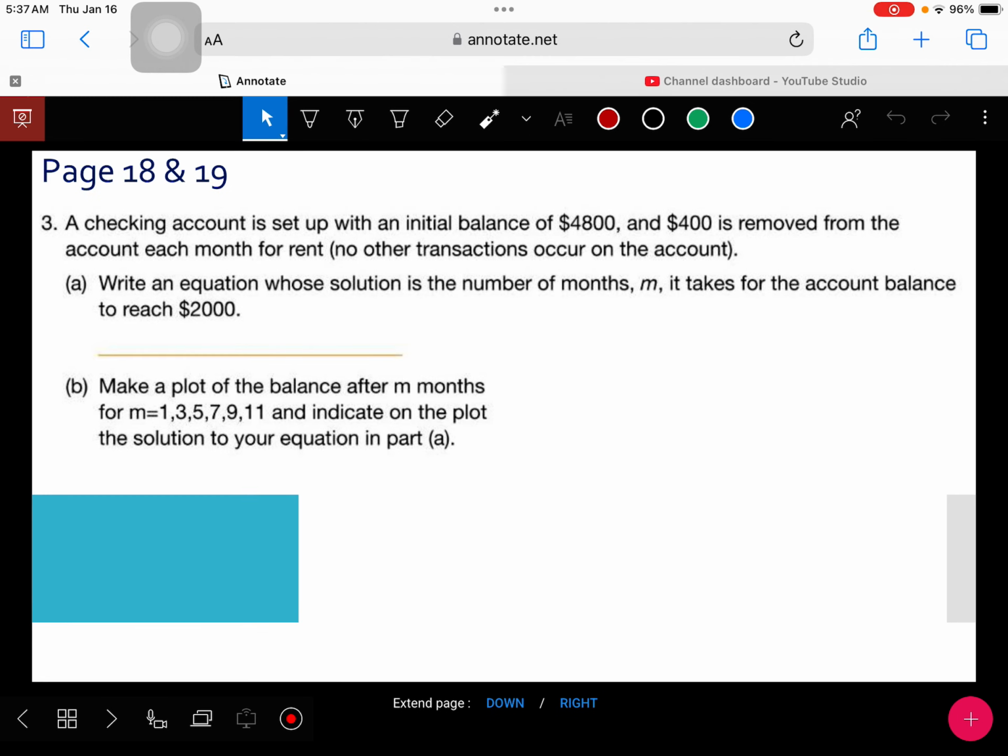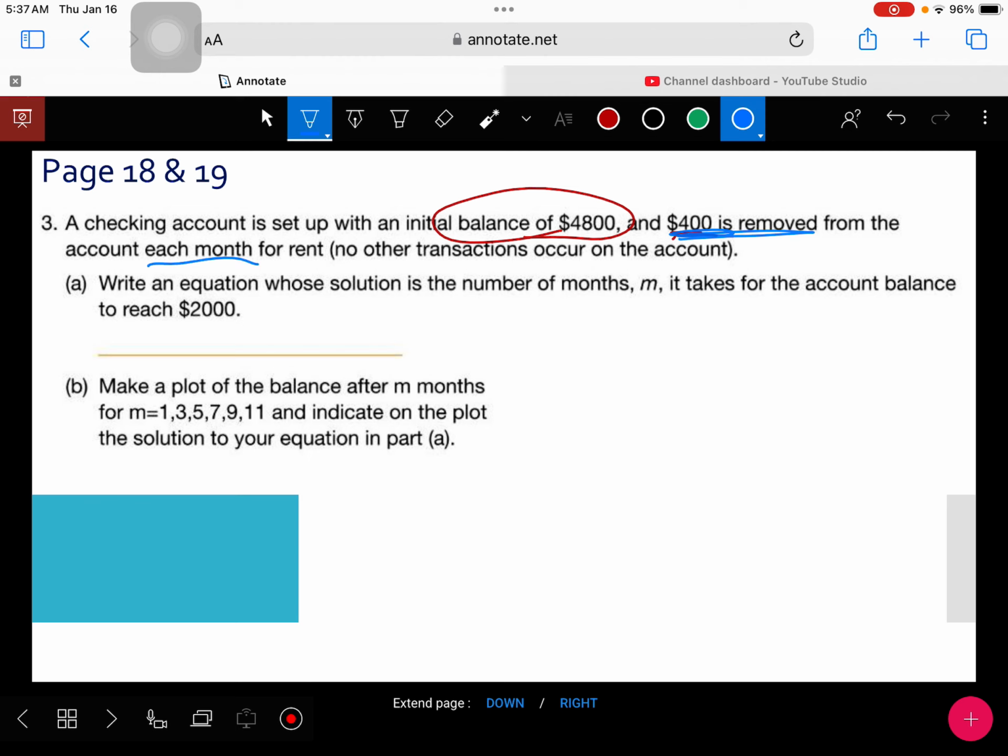It says a checking account is set up with an initial balance, initial happening at the beginning, of $4,800, and $400 is removed from the account each month. 400 is removed each month for rent.